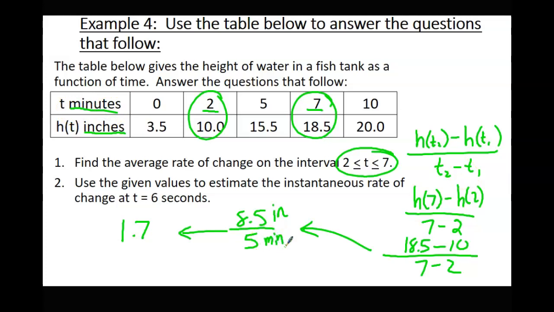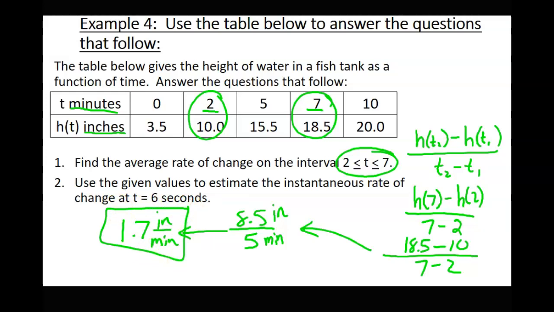So basically the height of the water went up from 10 inches to 18.5 inches for a total change of 8.5 inches in a time span of 2 to 7, which is 5 minutes. So 8.5 inches in 5 minutes is 1.7 inches per minute. So there's our average rate of change on that interval.